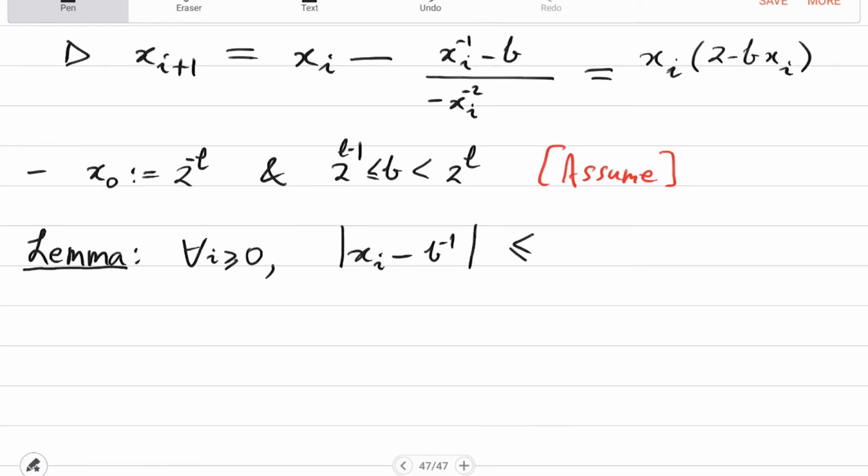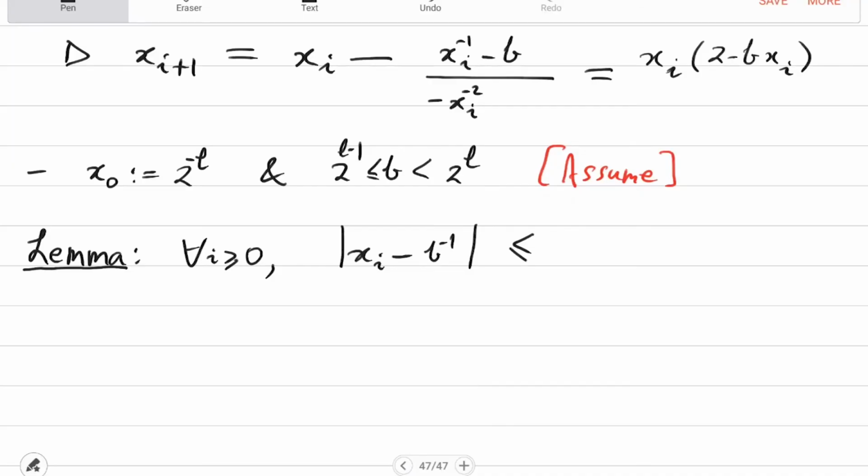In fact, as i is increasing, this difference is only getting smaller and smaller, so that ultimately xi is 1 by b, right? So what do you think is the upper bound that you can show? 2 to the minus i. Yeah, that is true, but something even more stunning is true.